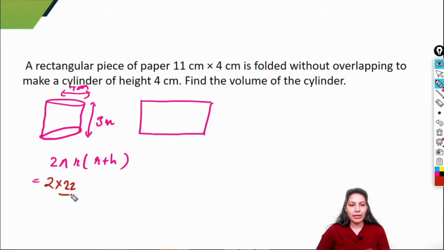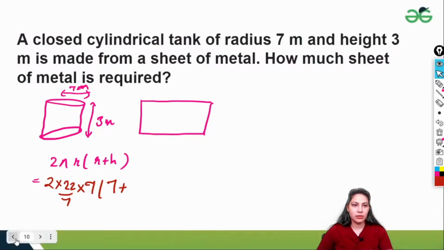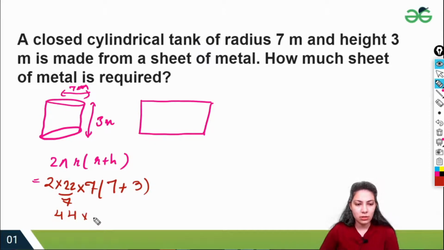2 into 22 by 7 into 7, and 7 plus, we are given as 3. So 7 7s are 22, 44 into 7 into 10.